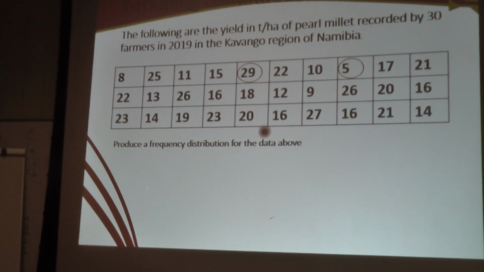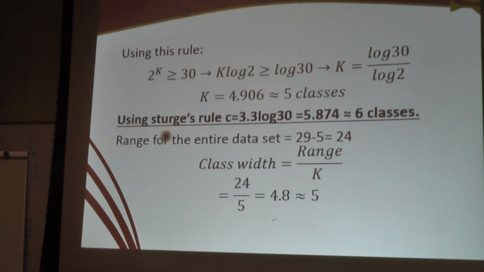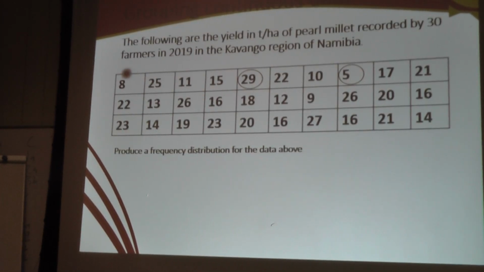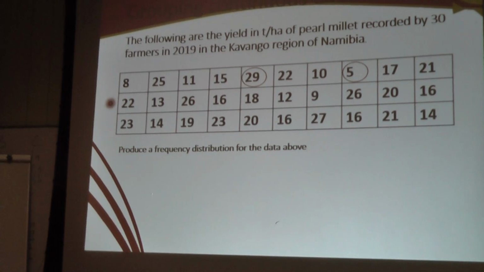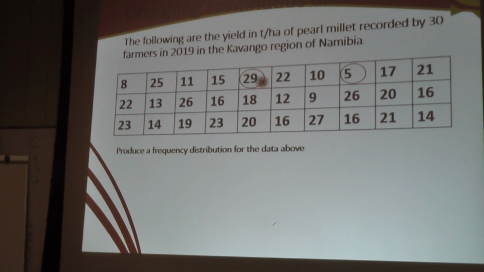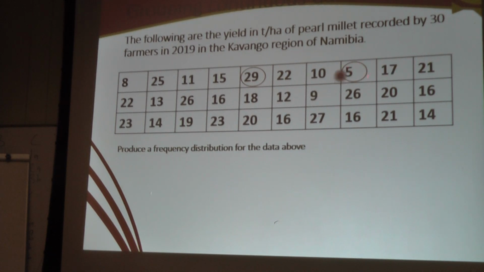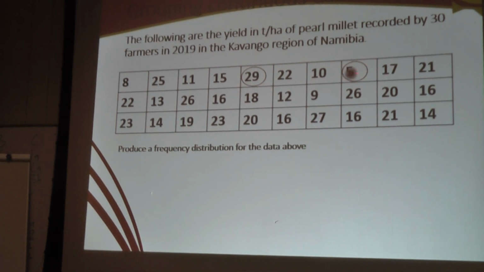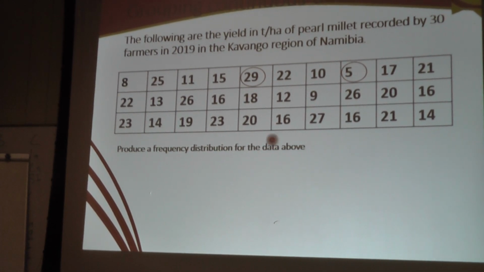Firstly, before you group the data, you need to identify the maximum and the minimum. I've highlighted here that the maximum is 29, the minimum is 5, and our total data points are 30.